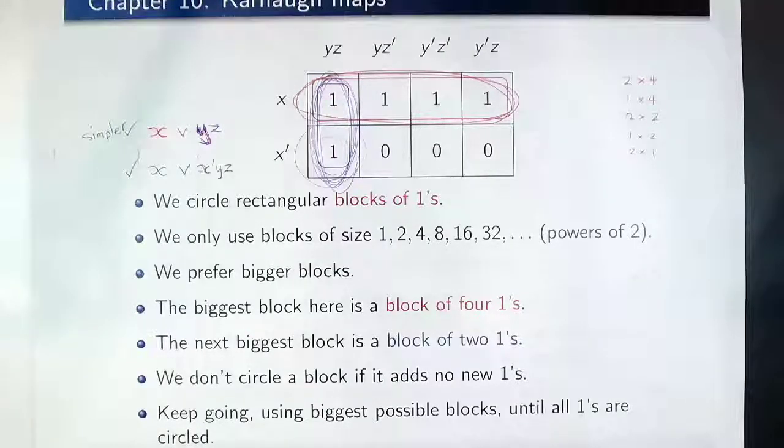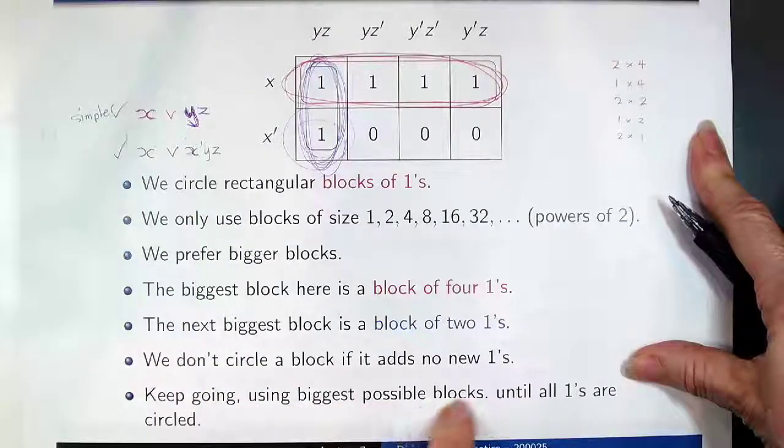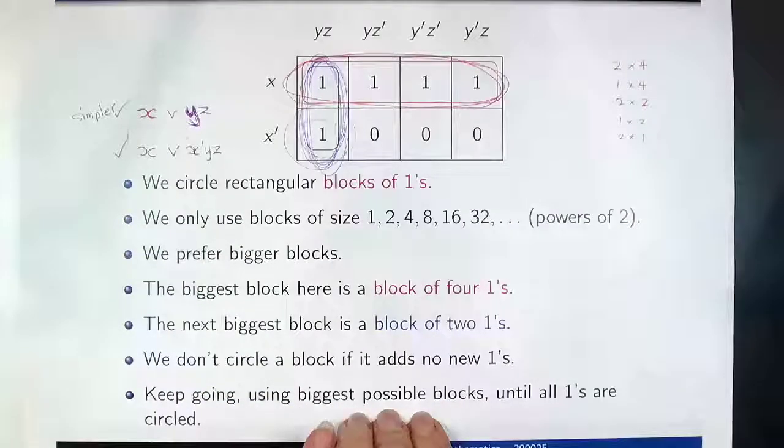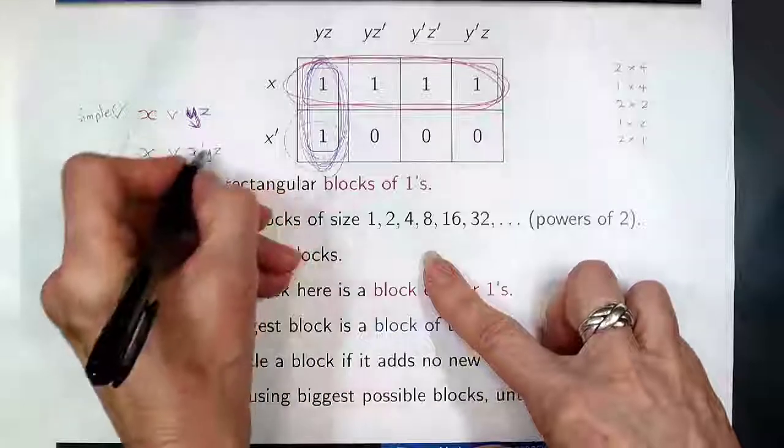The Karnaugh map method is the one that gets you it in simplest terms. So if we go back to the steps, if it says use Karnaugh maps, that means using the biggest possible blocks. That's part of the method of Karnaugh maps, is to use the biggest blocks, and so not to do that. So I'll cross that out.